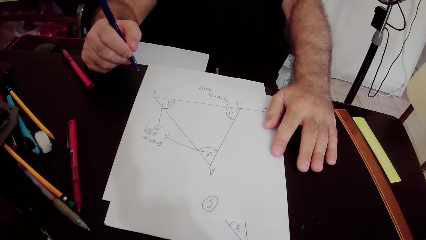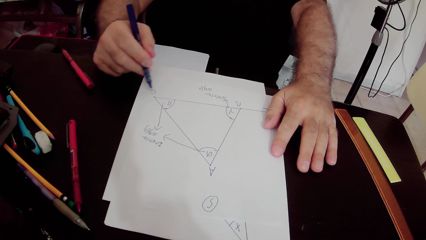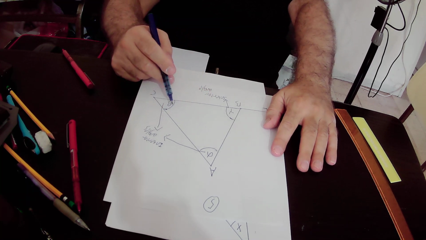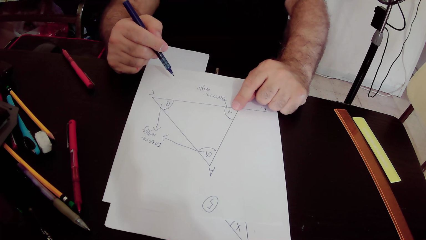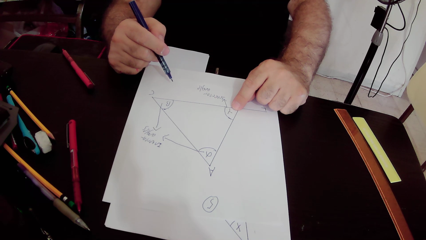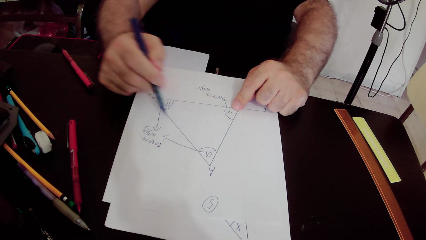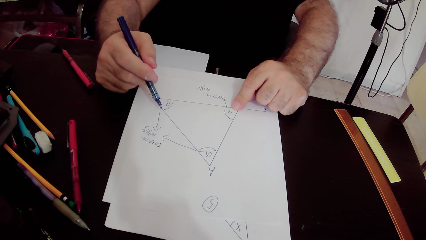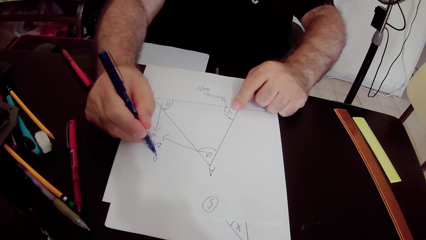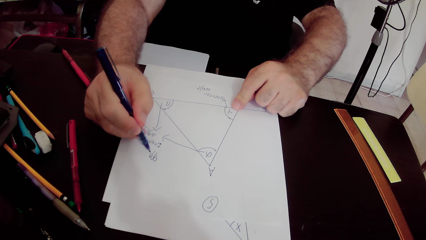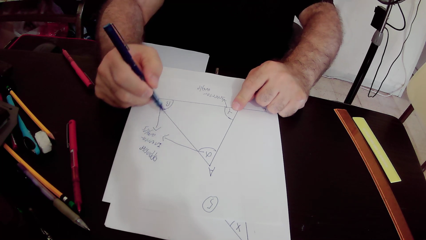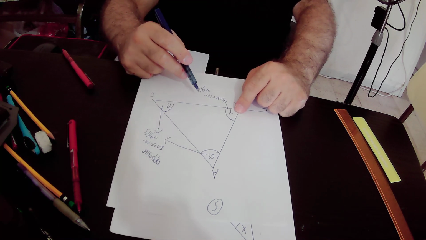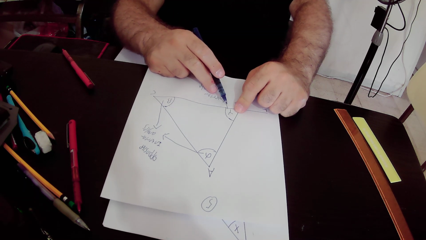Those two angles are opposite to this angle, angle gamma. So those two angles are also defined as opposite interior angles because they are opposite in relation to angle gamma.